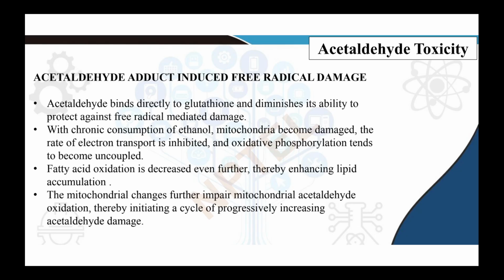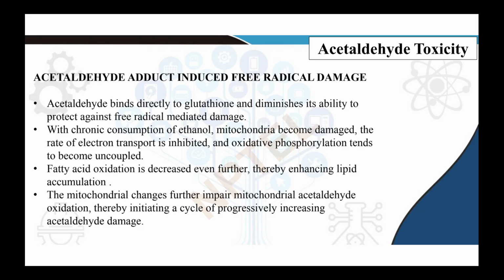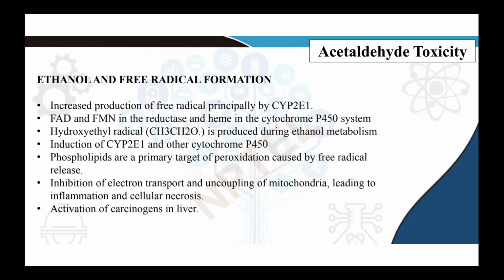So more free radical damage will occur, more hepatitis will be induced, and all those toxic conditions will occur. So this is how free radical formation occurs due to ethanol by the second method.